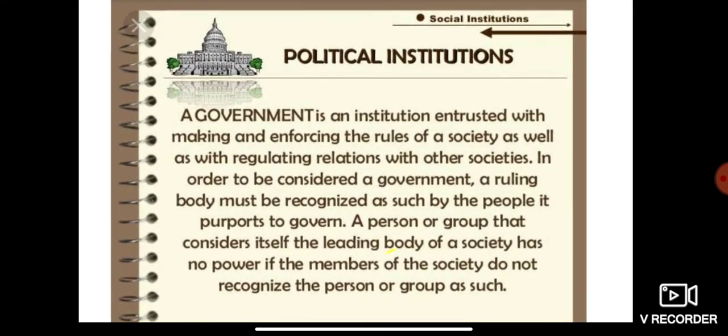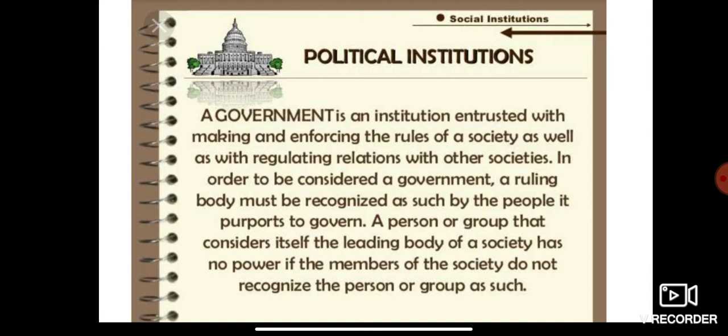So what is actually a political institution? When I say political institution, what do you understand from it? We know that government is the form of organization of the state. The state can be defined as a political organization of people in a definite territory.